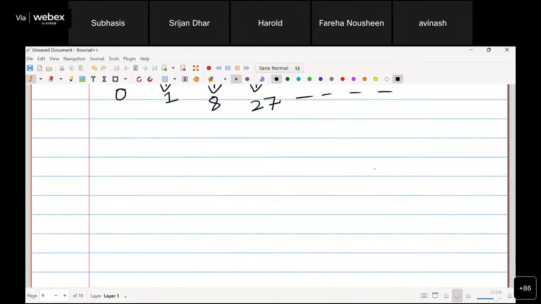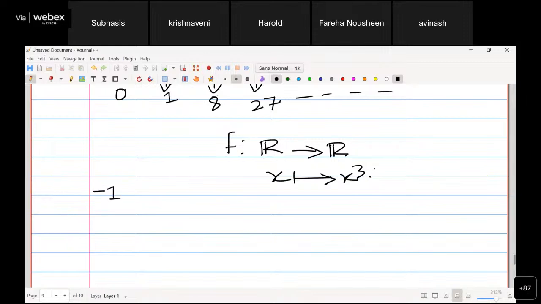But something magic will happen if I consider the same function from R to R. Let's say my function is from R to R, x goes to x cube. What about this function? Take minus 1. Is it injective?